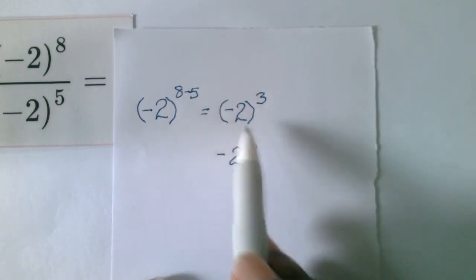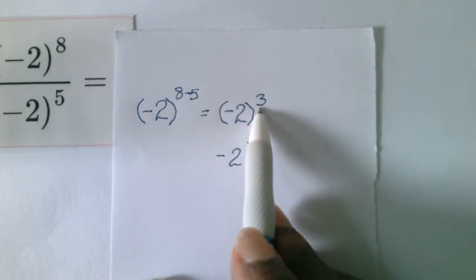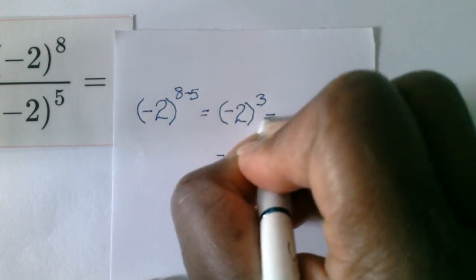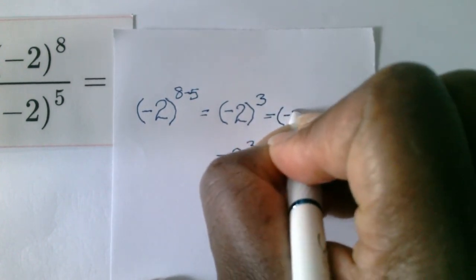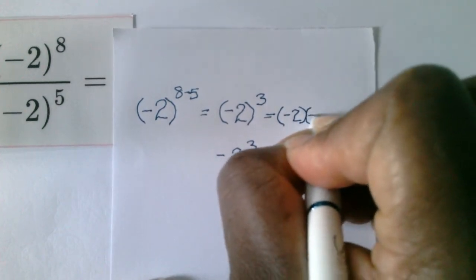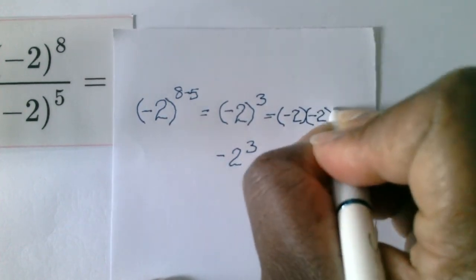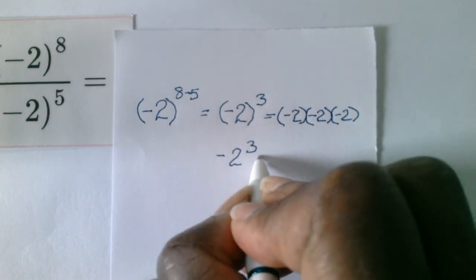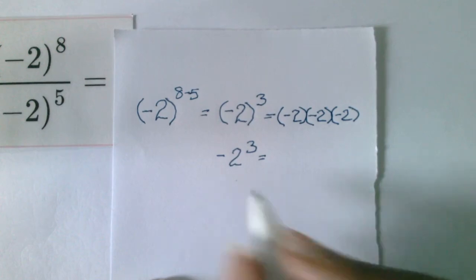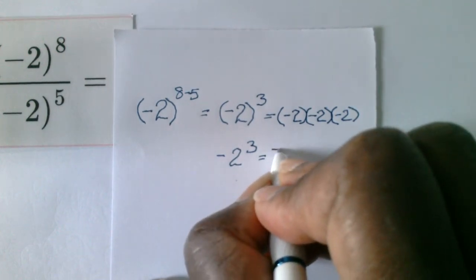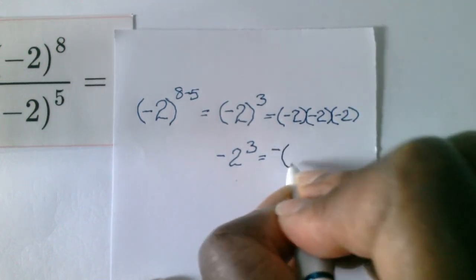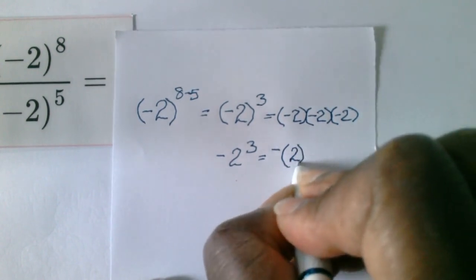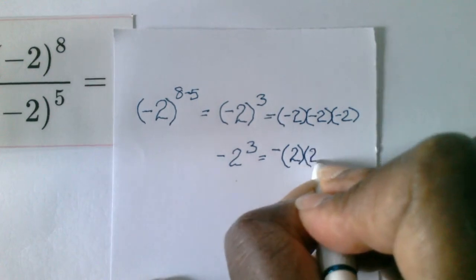When you are writing out your -2 to the third power here, this is saying I'm taking -2 and I'm multiplying it 3 times. Whereas this one down here is saying I have a negative, but I'm multiplying the base of 2 to itself.